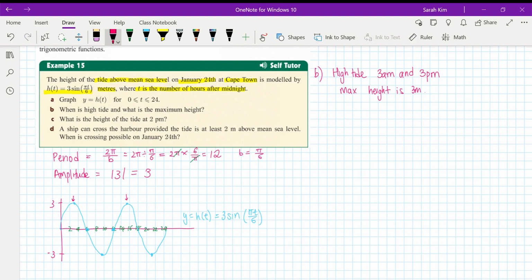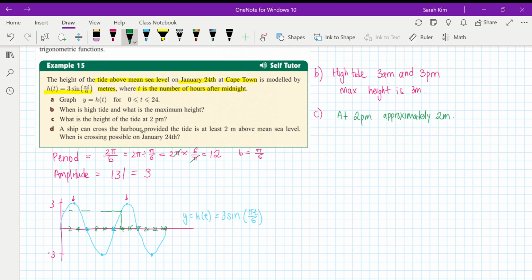Cool. Alright, let's see what the height of the tide is at 2 p.m. Let's give that one a go. Whereabouts is 2 p.m.? It is over here. So approximately, I'm going to write 2 meters at 2 p.m. Now, there's a more accurate way of finding this, because obviously we have the function.